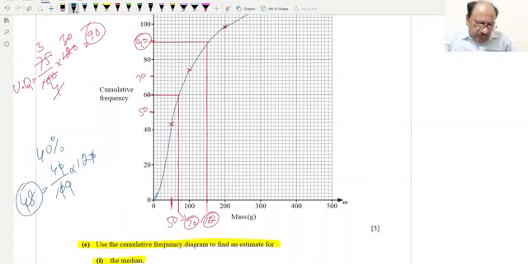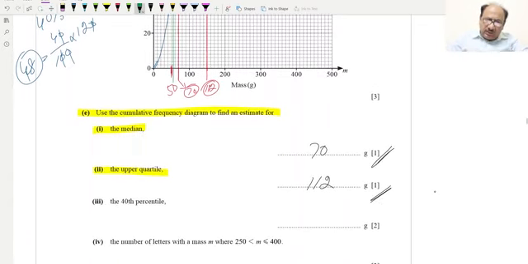So we'll be checking the 48 reference. The 48 reference is this one, and from the curve, if we check the reference, this is a little more than 50, so we can write like 55. So our value will be 55 for this 2-mark question. This is the 40th percentile which we have done.